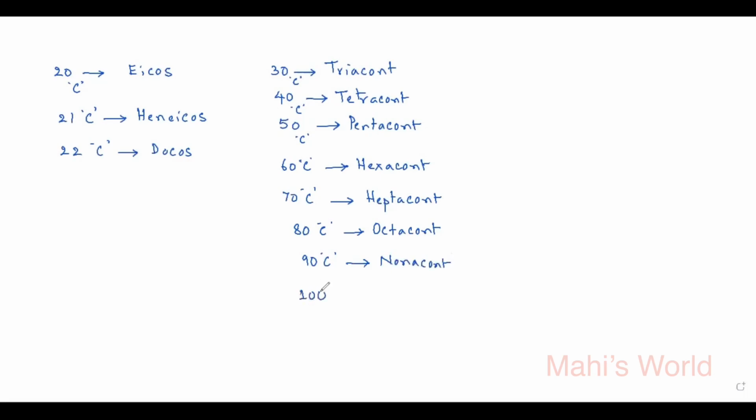And finally, 100 carbons can be called hect or cent.